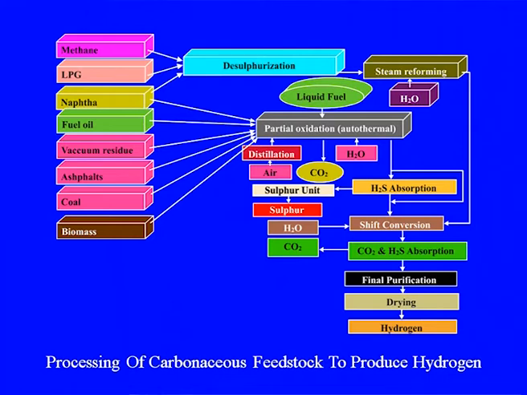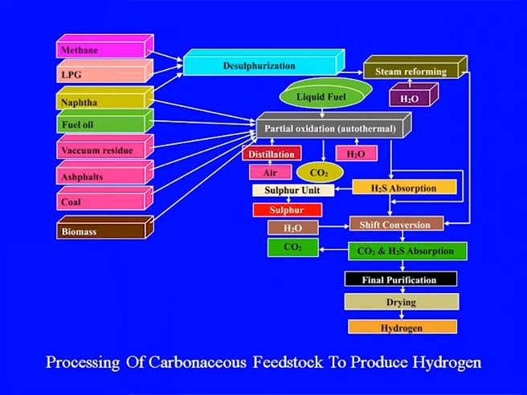In case of partial oxidation, again the gases will go for the removal of the H2S, and then the shift conversion, CO2 and H2S absorption, final purification, and the hydrogen that we are getting will go for the manufacture of ammonia. If you are interested, then some of the processes can be eliminated, that is the removal of the CO2 and other things, which I will be discussing in the next slide.